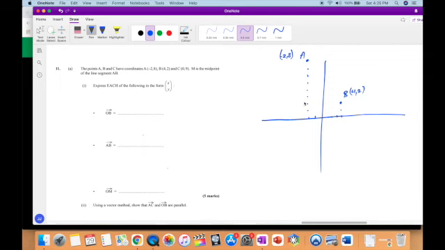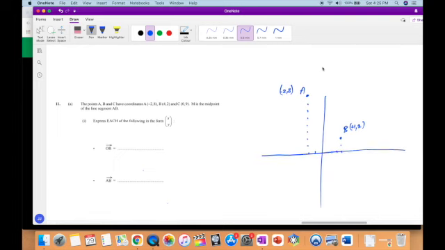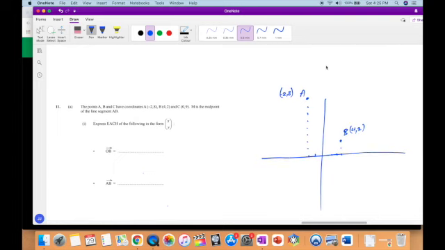C is 0 on the X, so C stays there, but it is 9 on the Y. So it will come 1 higher than A. So C will be over here. C is 0, 9. So I have my points here, A, B, C. Alright. Express each of the following in XY.